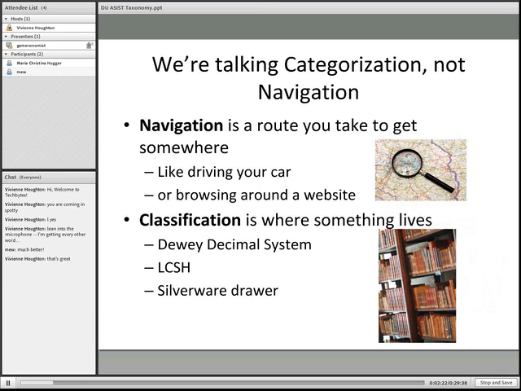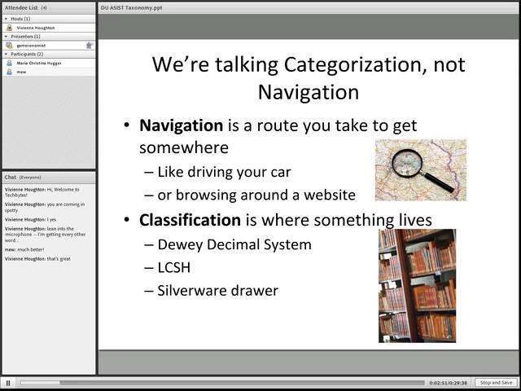The big thing with taxonomies is that there are two different things people think of when they think of a taxonomy. When you're thinking about taxonomy, what you really need to think about is categorization and classification, not navigation. Sure, they're related, but at the core, when you're creating a taxonomy, we're really talking about the classification and where something lives, and cataloging something.